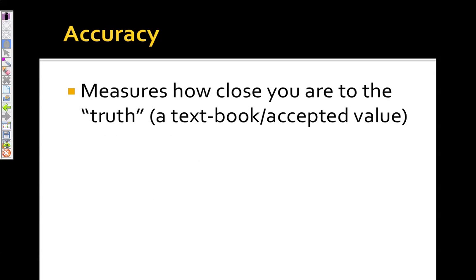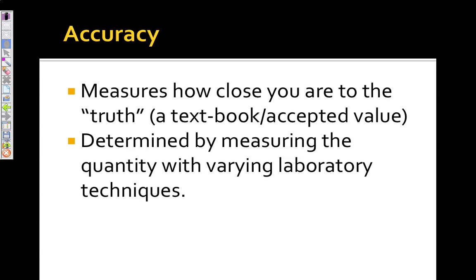Accuracy is a measure of how close you are to the truth. It's a textbook or accepted value. And it's determined by measuring the quantity with varying laboratory techniques. Once we have a lot of varying laboratory techniques, if we have the same value all the time, then we get that accepted value, something that we could see in a textbook.